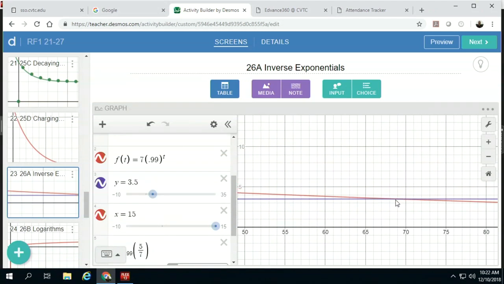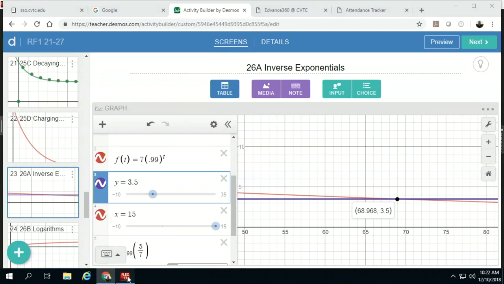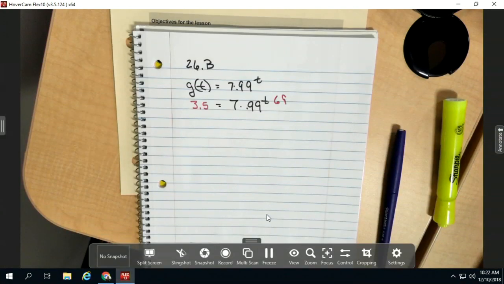It's over here someplace. It was 3.5 at t equals, let's say 69, essentially. So at about an hour and 9 minutes, it was half-life.